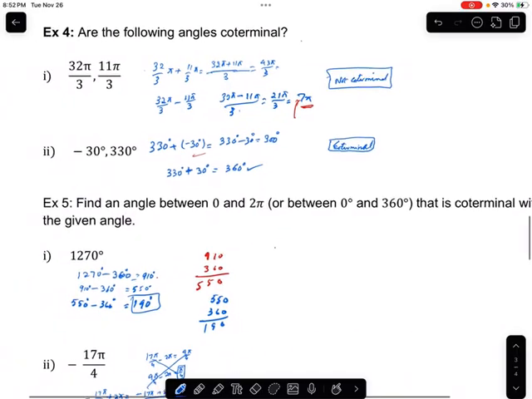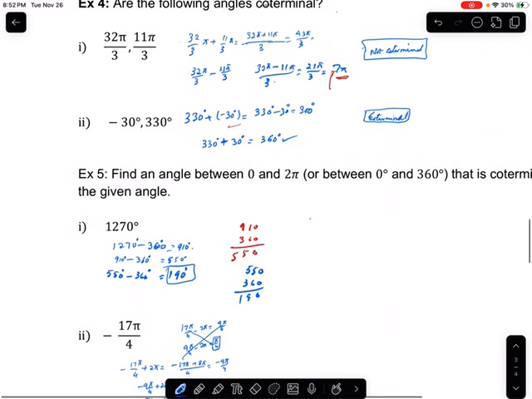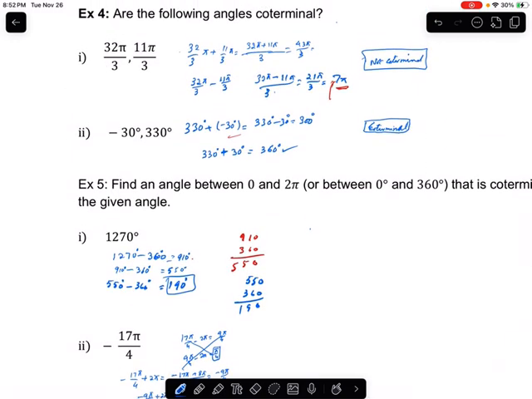Now the question didn't say whether to find a negative or positive coterminal angle. It just asks us to find an angle between 0 and 2 pi or 0 and 360 that is coterminal. So this is a correct answer. If you subtract one more time, the angle would be negative, but the question tells us the angle has to be positive.